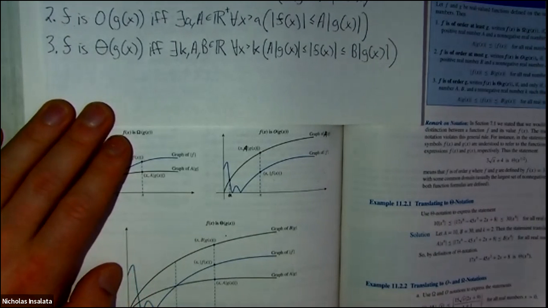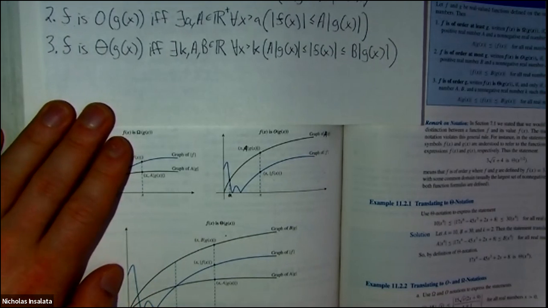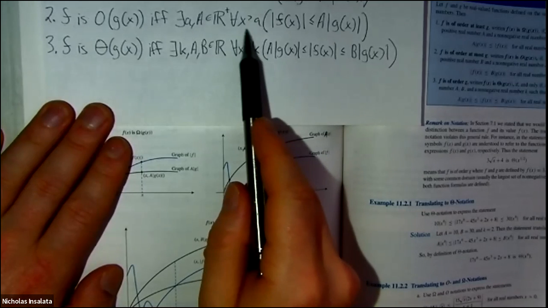The point at which the relationship starts. Good, David. Can you say more about that? That's perfect. Can you describe a bit more? What is this x greater than a thing going on here?